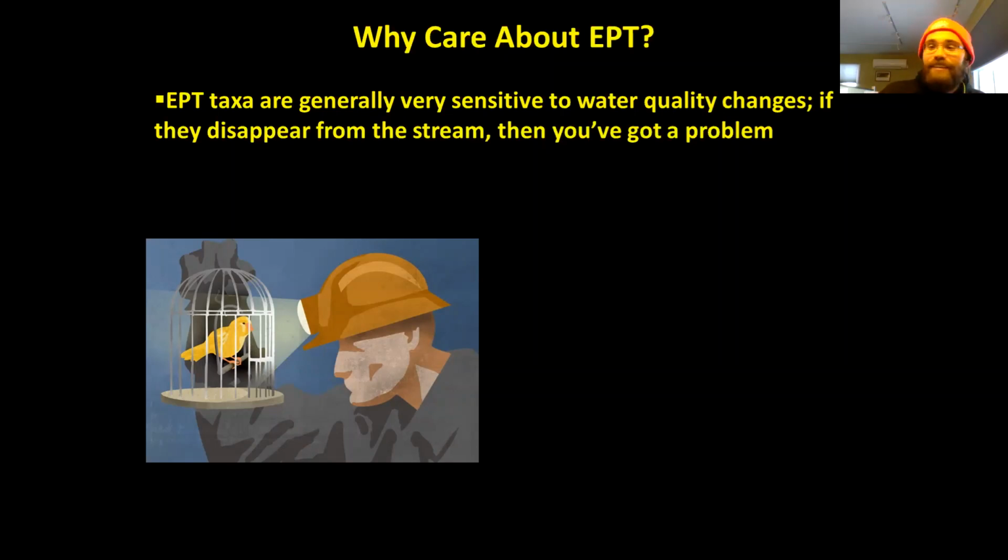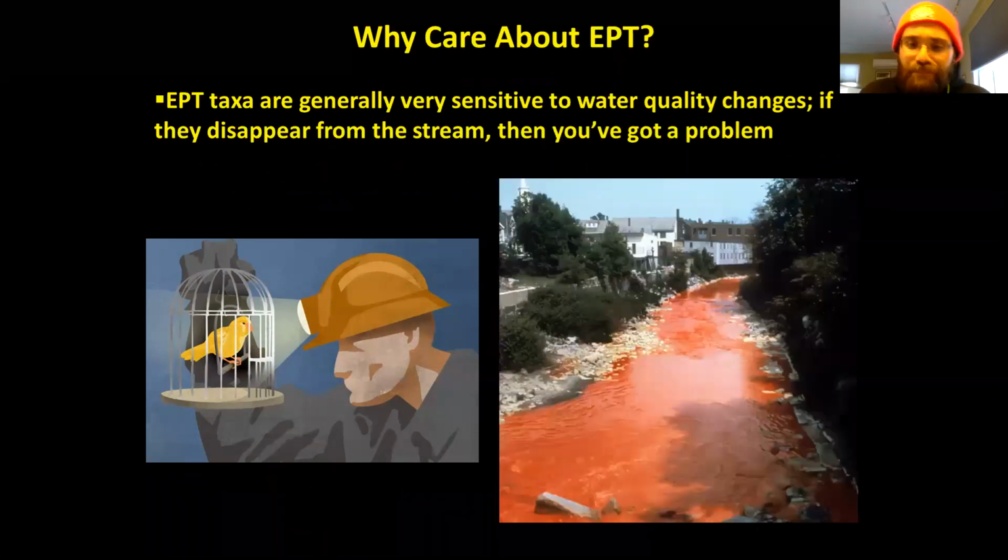And that meant that conditions were starting to get dangerous and it was time to get out. So this is going to give us an idea of how bad things are going within the stream. So if we see that the EPT are disappearing, that's our warning signal that we've got to change something.